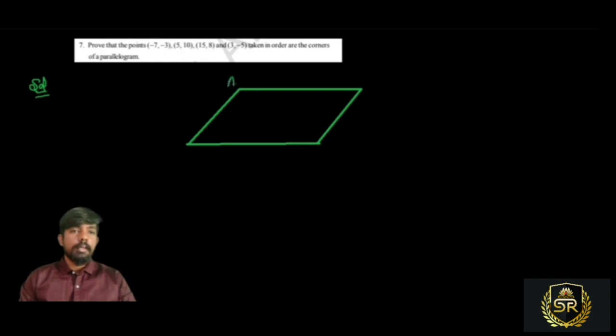Let us say this is point A, B, C, D. In this parallelogram, AB is equal to DC, and AD is equal to BC.